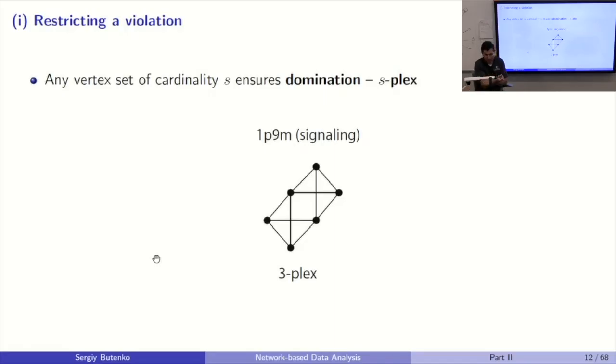So remember, the way we defined the S-plex was the degree of every vertex is at least cardinality minus S. You could equivalently define it as a set of vertices such that every subset of S vertices forms a dominating set. By applying this logic of restricting a violation to the elementary clique defining property based on domination, you obtain S-plex.